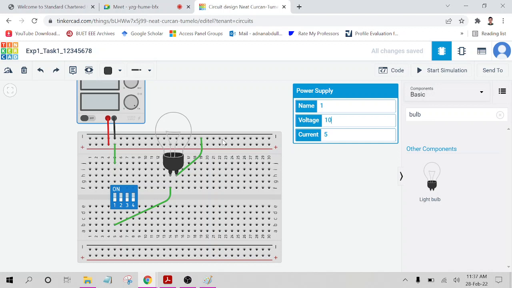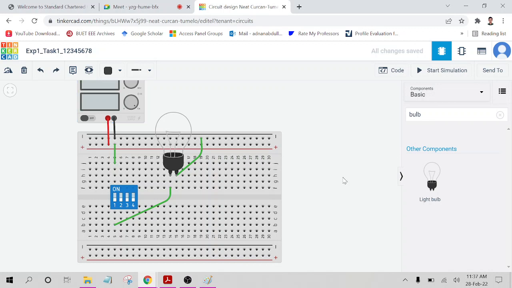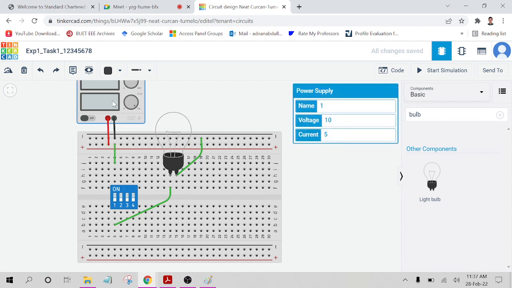The thing is, this bulb can carry up to maybe 7 ampere current, I forgot actually. Anyway, what I want to say is that if you put too much voltage here, the current will be too high and the bulb will burst. So just keep the voltage below 12 volt, just 10 or 5, anything you want.